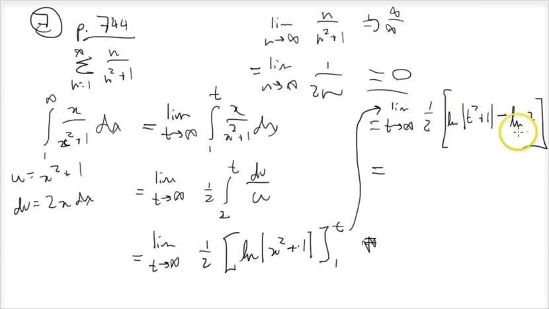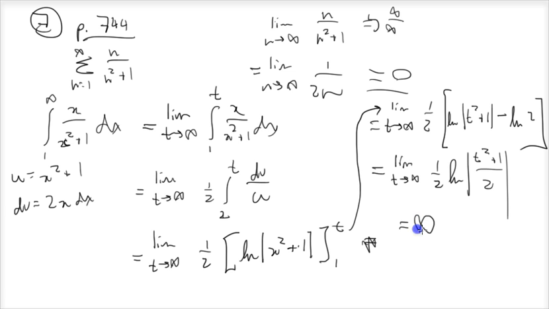But based on our properties of natural log, we can make this a quotient in the argument. So we'll write out the limit as t approaches infinity of 1/2 the natural log of t squared plus 1 over 2. But when we put that infinity in there, this expression will still end up being infinity. So that means that the series is divergent by the integral test. You need to put in by the integral test.